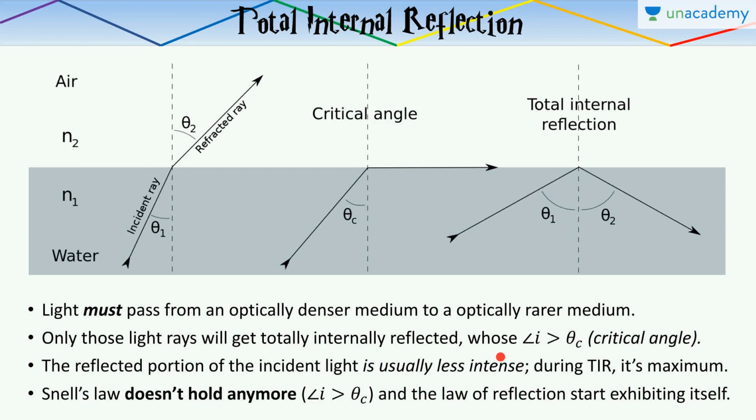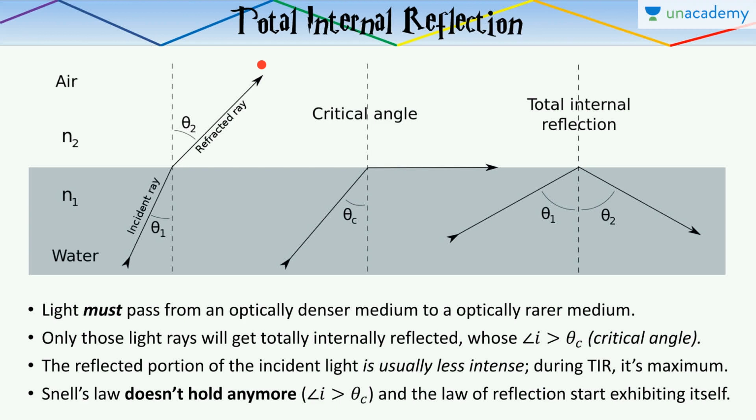An important criterion in this case is light must pass from an optically denser medium to an optically rarer medium. The reflected portion of the incident light is usually less intense, as in this case when the incident ray is incident on the media interface, some of it is reflected, most of it is refracted. But in the case of total internal reflection, there is no refraction. All of it is getting reflected back into the water.